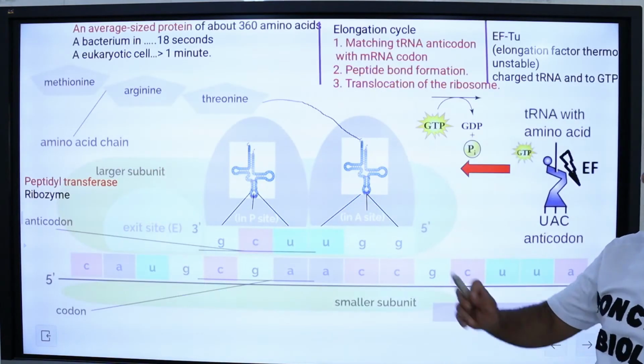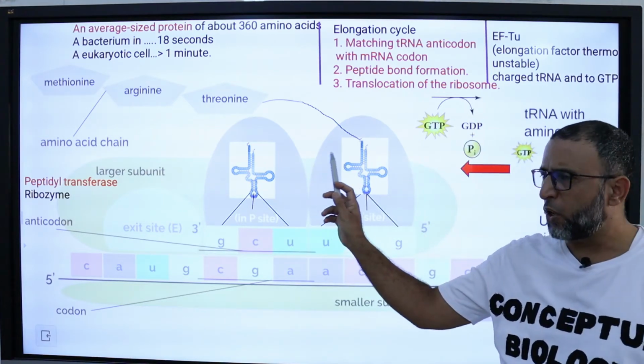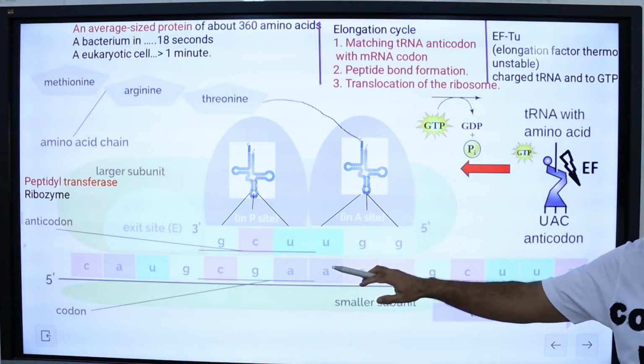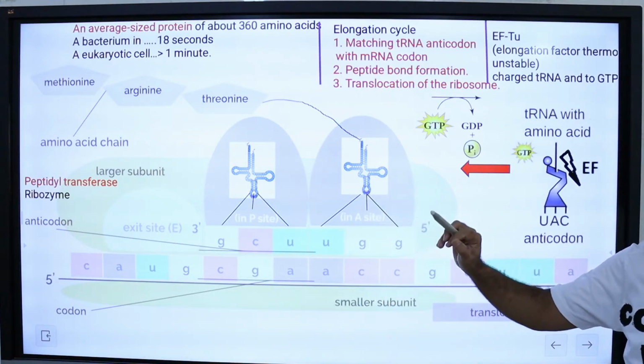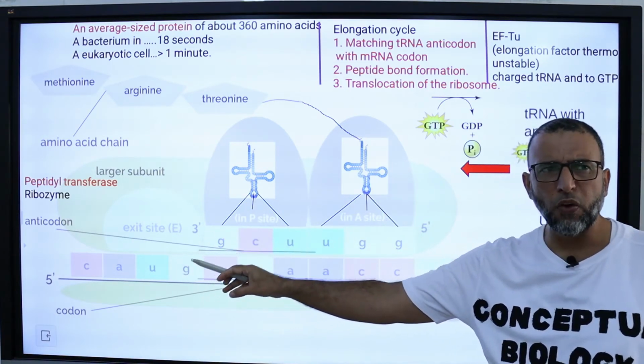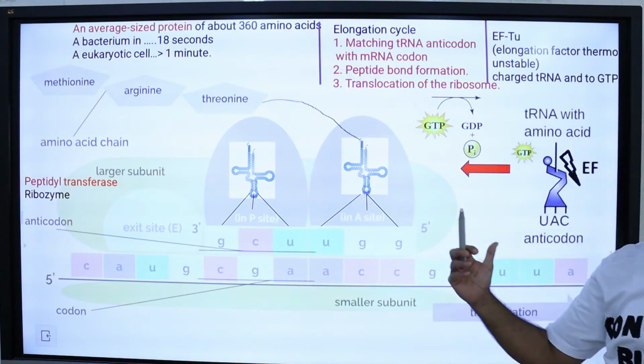Step number 3 is translocation of the ribosome. After the peptide bond formation, the ribosome moves relative to messenger RNA and the tRNA. The ribosome usually moves in the direction of 5 prime to 3 prime, from start codon to stop codon.